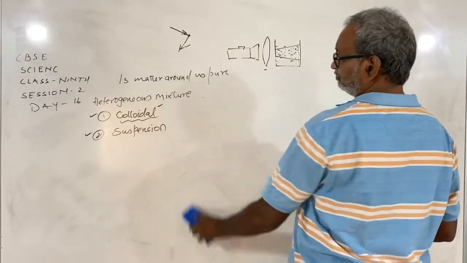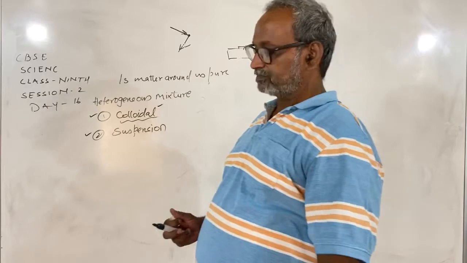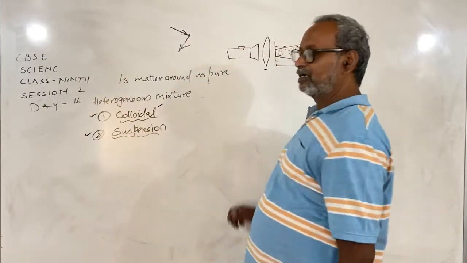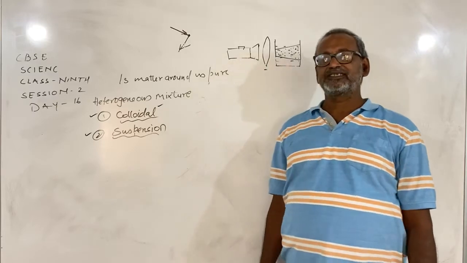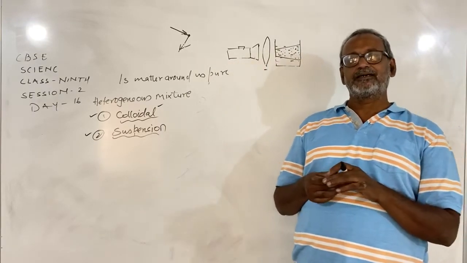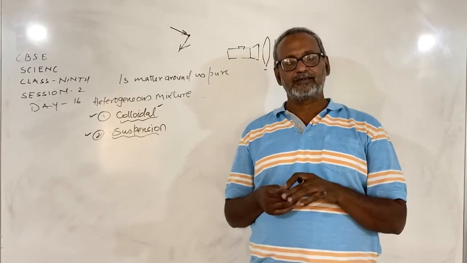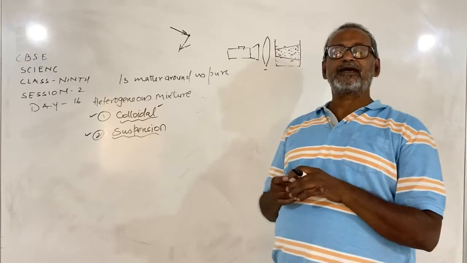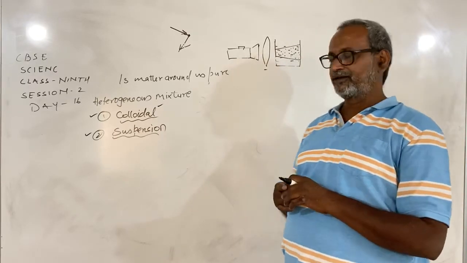Second example of heterogeneous mixture is a suspension. A suspension is a heterogeneous mixture which contains insoluble particles whose size is greater than 100 nanometer.